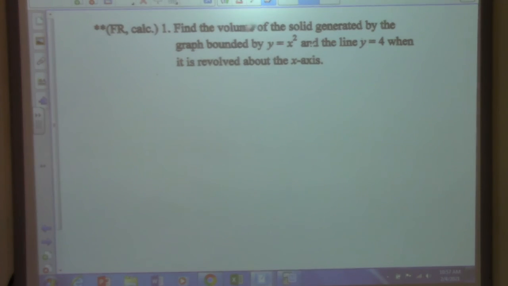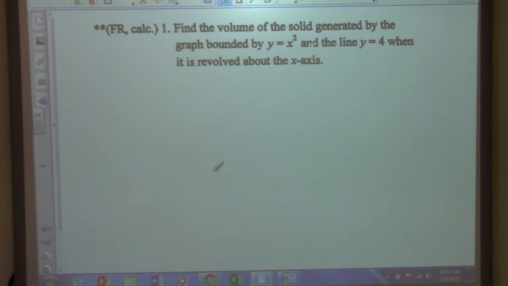I'll have you sketch it first, and then we'll talk about what it looks like. Hope you can sketch that. And yes, this is a calculator problem.